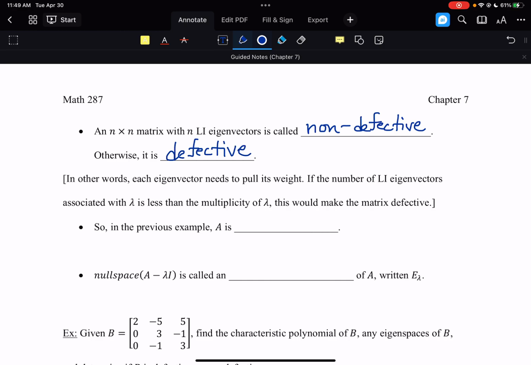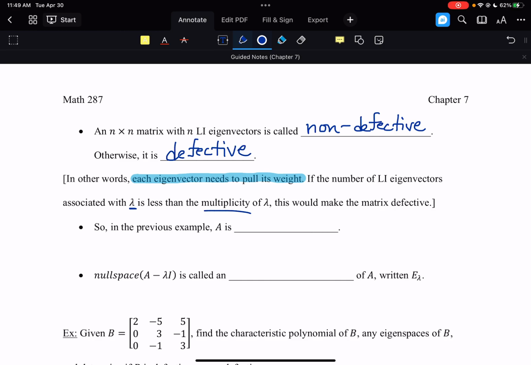So the way that we describe this is that each eigenvector needs to pull its weight. If the number of linearly independent eigenvectors associated with lambda is less than the multiplicity of lambda, this would make the matrix defective. In other words, if we have an eigenvalue with a multiplicity of 3, for example, then it better produce 3 linearly independent eigenvectors to go along with it. Like in this last example, we had an eigenvalue that had a multiplicity of 2, but it only produced 1 eigenvector.